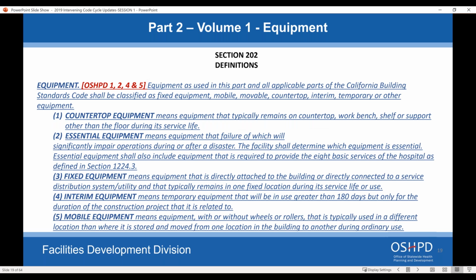And this is applied to the OSHPD 1, 2, 4, and 5. Note that it does not apply to a 1R or an OSHPD 3 building. Basically, what we're adding is different types of equipment to help really clarify the requirements of when anchorage is required and what type of anchorage is required and what needs to be shown on the drawings.